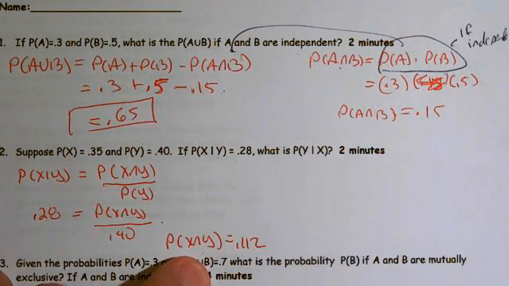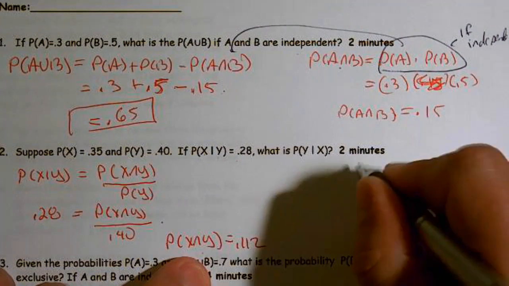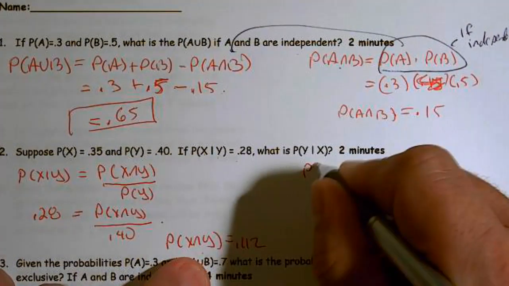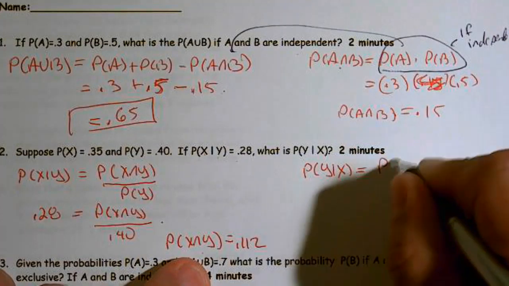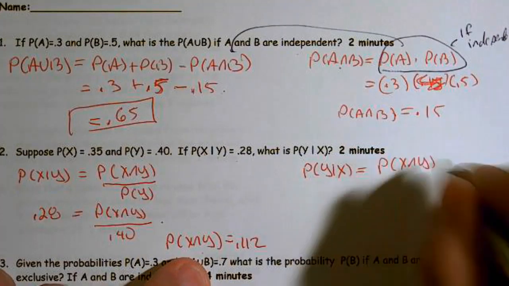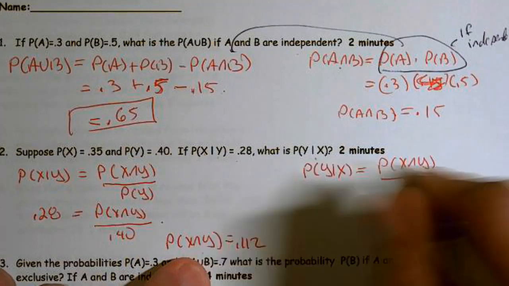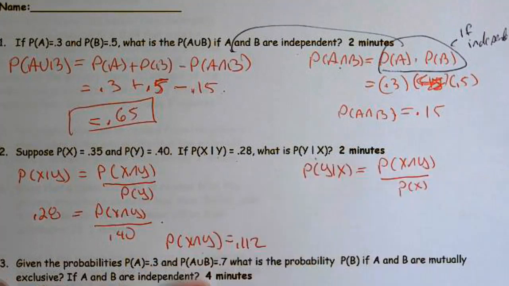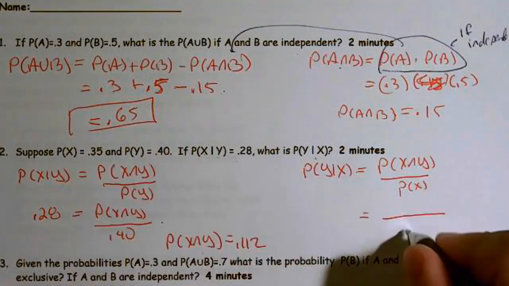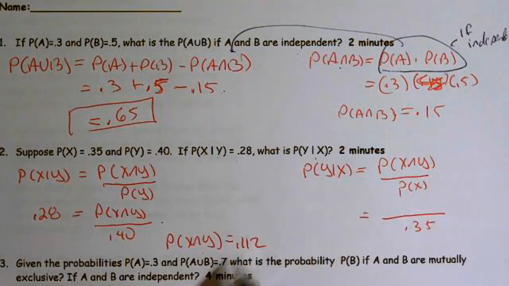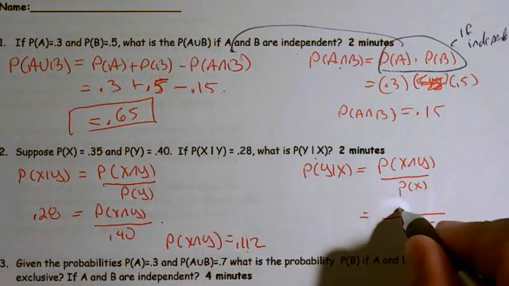We're looking for the probability of Y given X. Well, once again, let's look at our formula. The probability of Y given X equals the probability of X and Y, the intersection, over this time the probability of X, because that's what's given. Well, what do we know? We know that X is 0.35, and on the other side, we found this was 0.112.